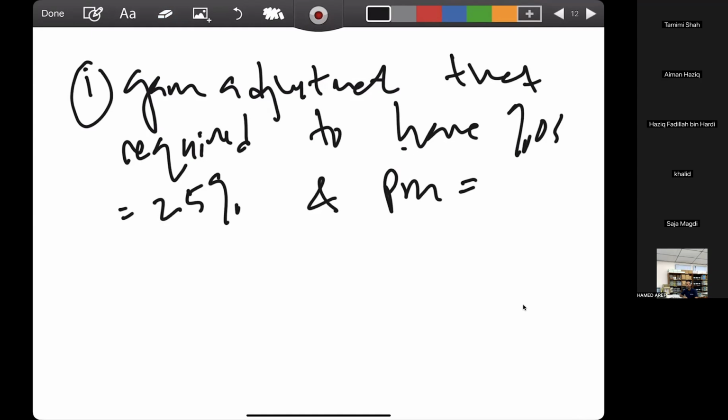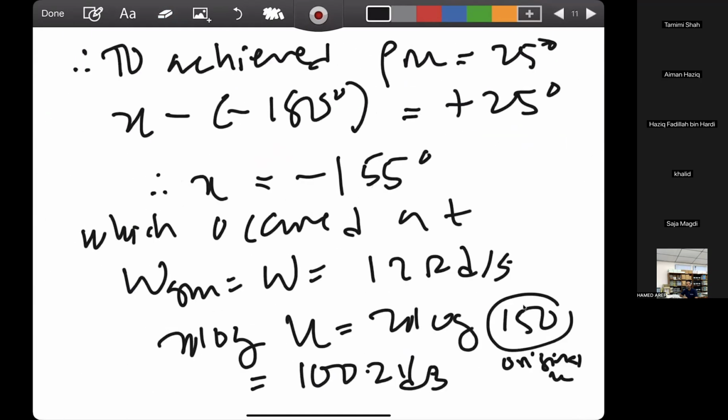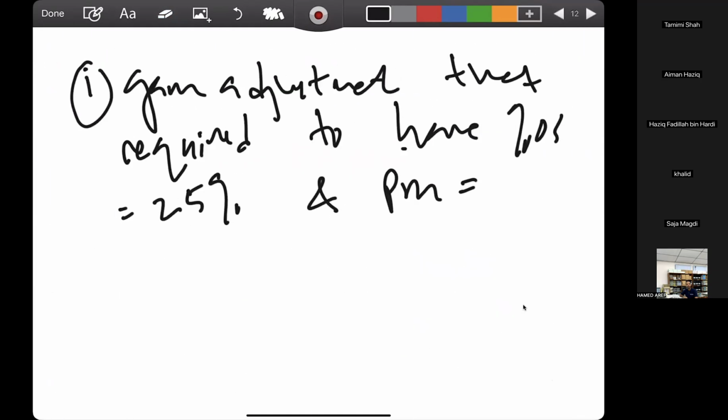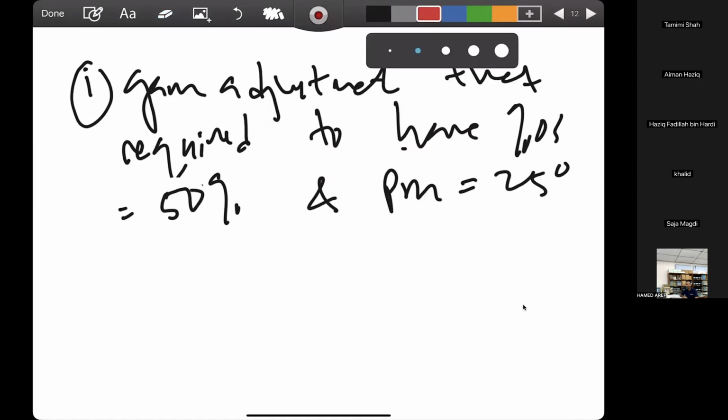What is the phase margin just now? 25 degrees. Overshoot is 50%. Very confusing. Very challenging. Okay, you have to somehow illustrate the graph, like this.